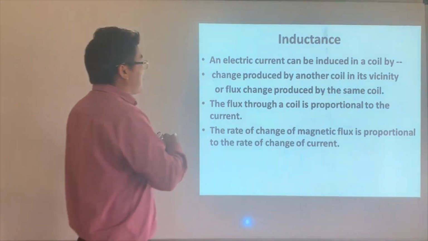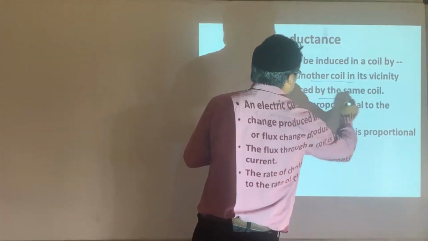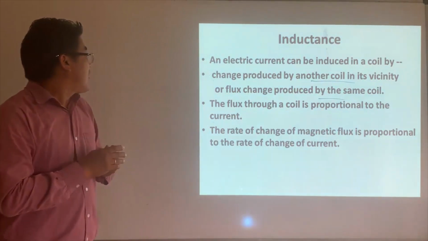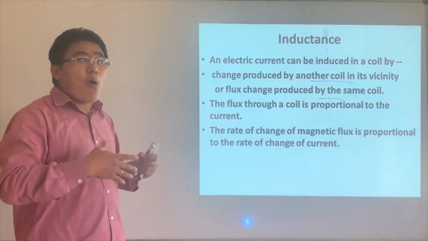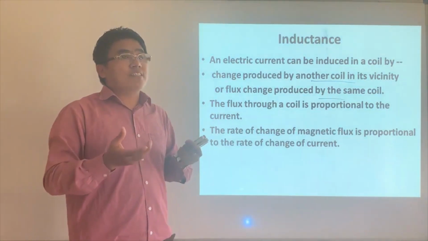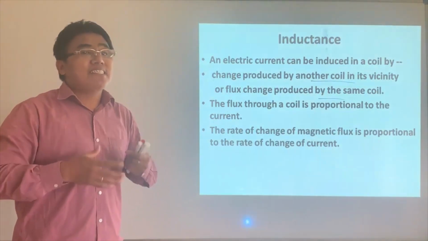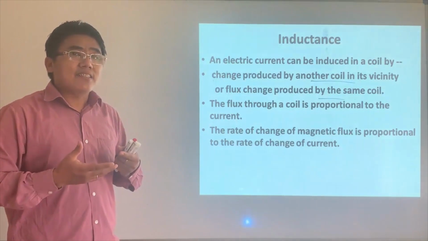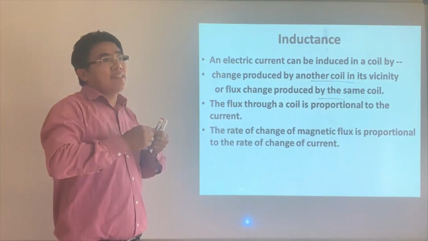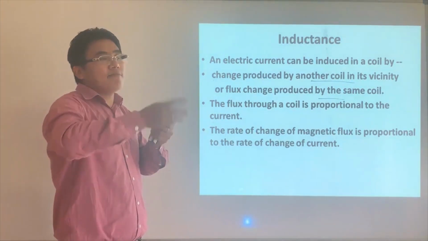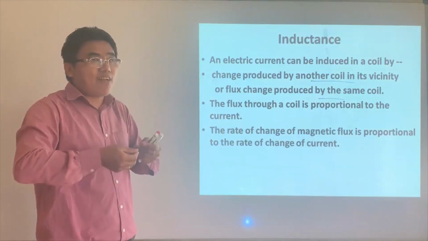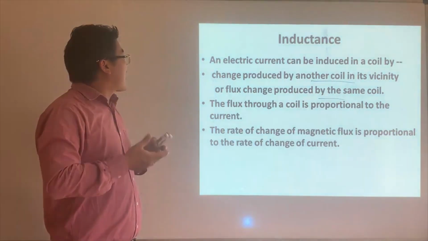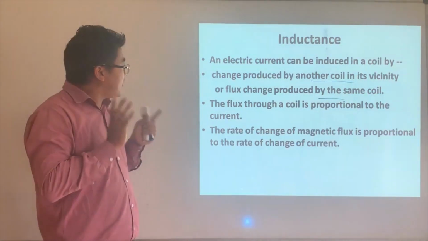How do we change a flux? By changing electric currents. So changing current in a coil near one coil, or changing current in a coil itself, gives rise to a current induced in a coil. So this is the case.